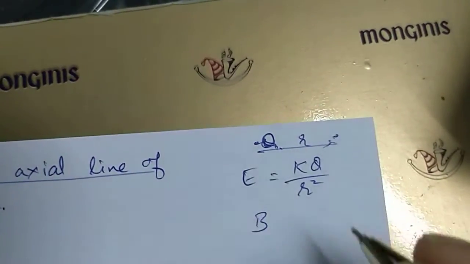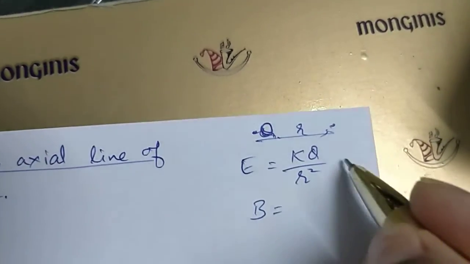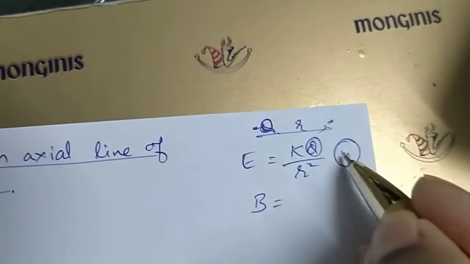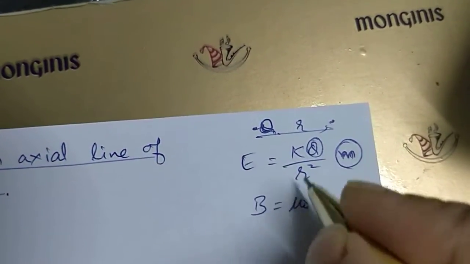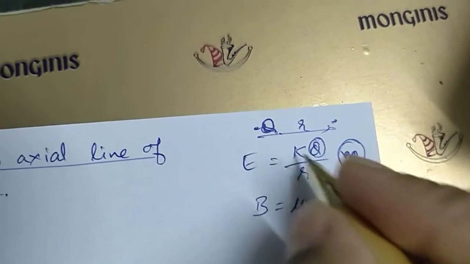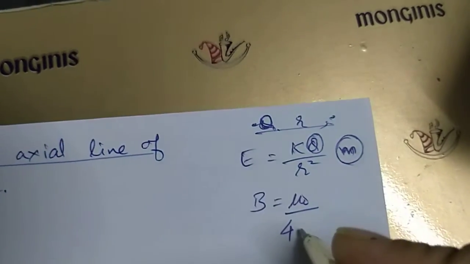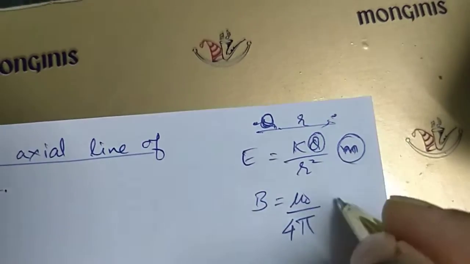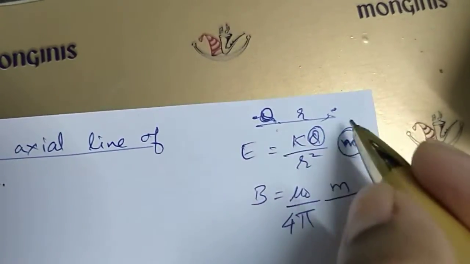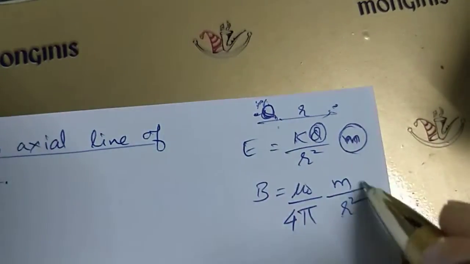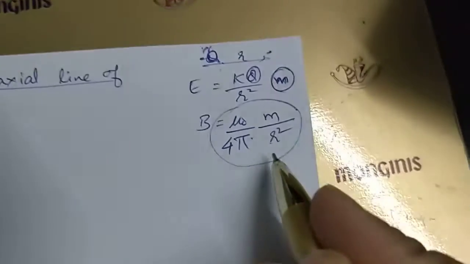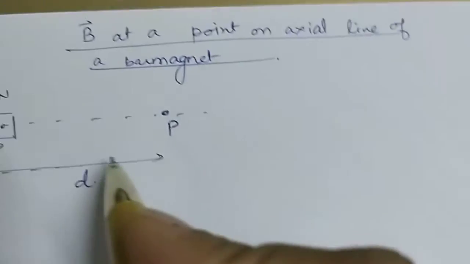Same way in magnetism, in place of q we have m, the magnetic pole strength. K is 1 by 4 pi epsilon naught in electrostatics; in magnetism it is mu naught by 4 pi. In place of q you will have m, over r square, if here is your magnetic pole. This kind of expression we are going to use here.